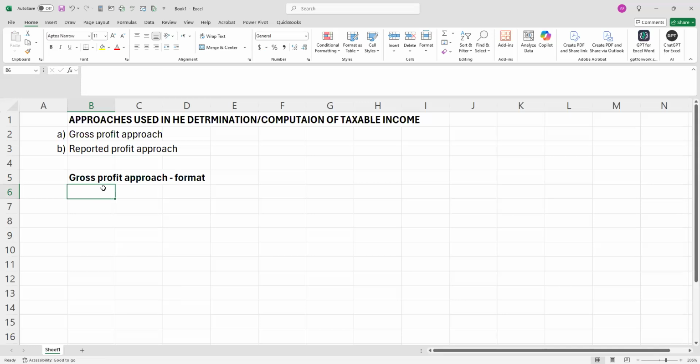So it should take us to this format. Understanding the gross profit approach, remember, we are just looking at it as we normally consider any other form of business that is talked about in your financial accounting concept. So these are what we'll always be applying.